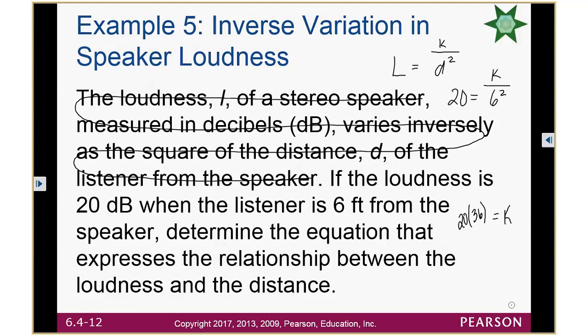That's easy, because 36 times 10 is 360, 360 times 2 is 720. So 720 is equal to K. And what are we going to do with that 720? Plug it back in, and that gives me L is equal to 720 over D squared.